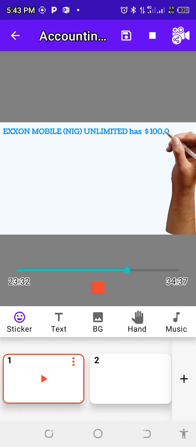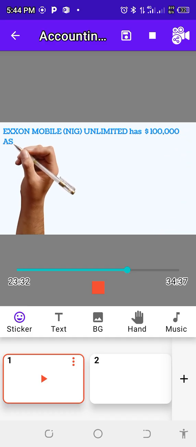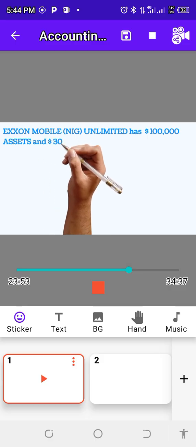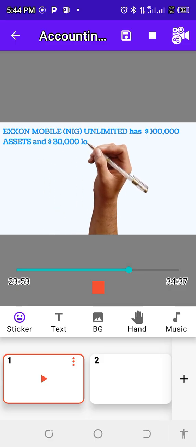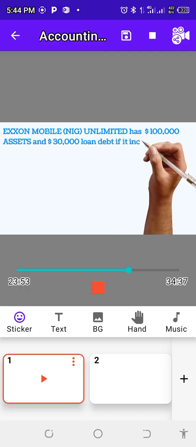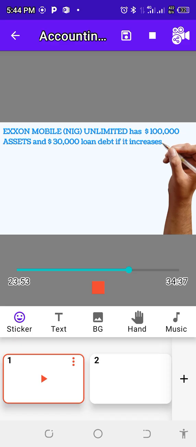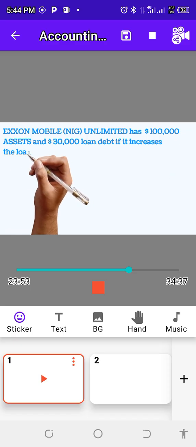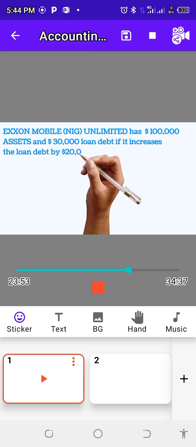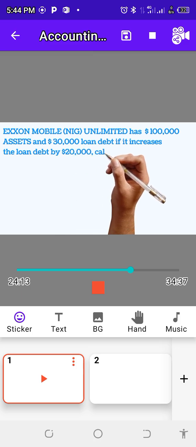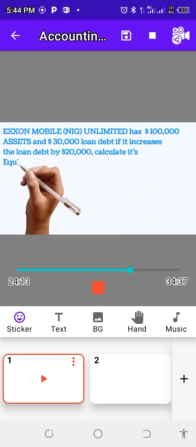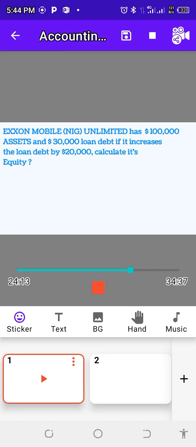The next question we're going to take a look at is: ExxonMobil Nigeria Unlimited has $100,000 assets and 30,000 loan debt. If it increases the loan debt by $20,000, calculate its equity.